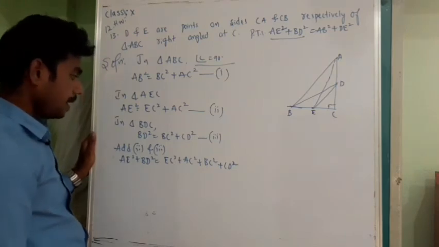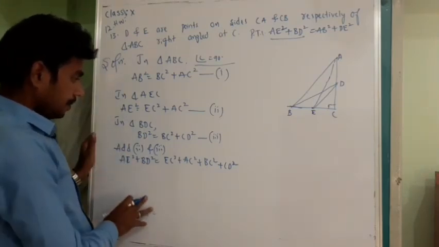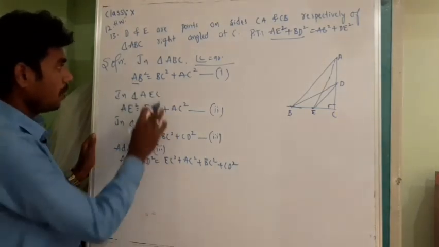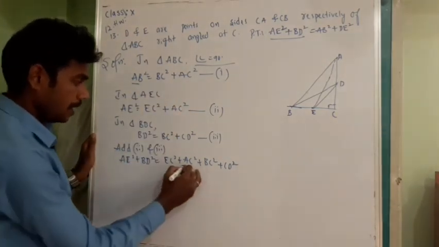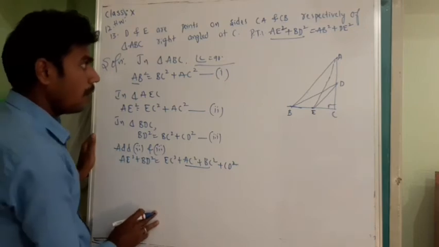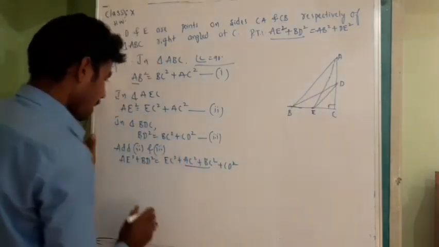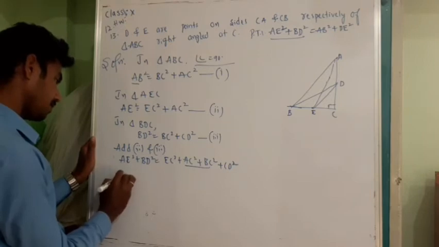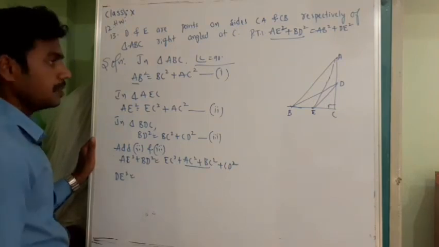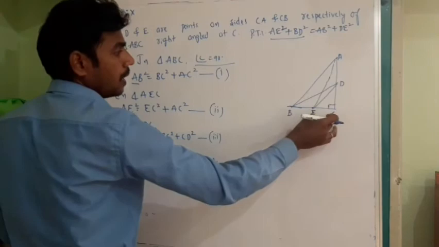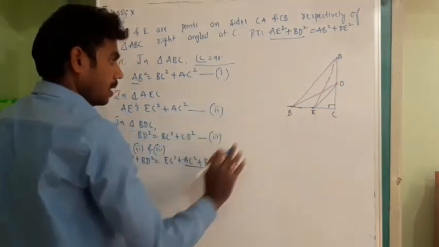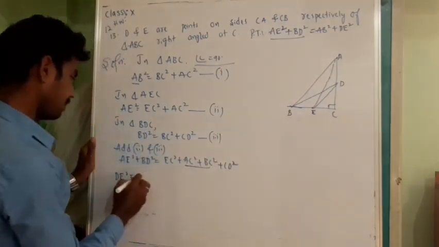See, from 1, AB square is equal to BC square plus AC square. We need to group this. One more, there is a DE square. DE square is equal to EC square plus DC square.